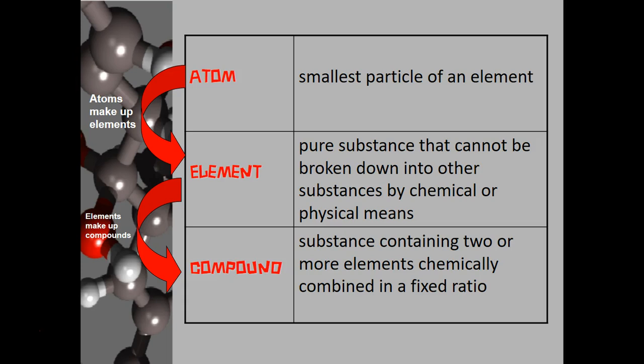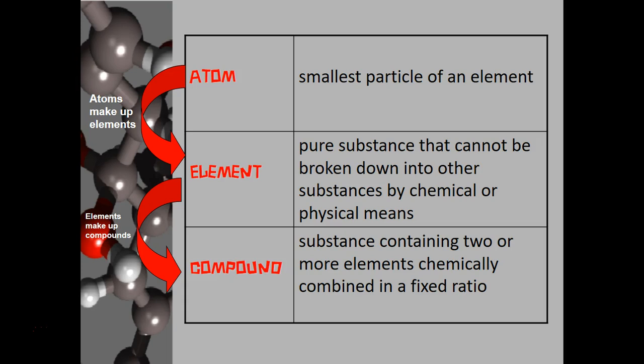It's the same thing with a cell. A cell is the smallest unit of a living thing. While it has smaller components, it doesn't fit the characteristics of life anymore. Your elements are your pure substances.